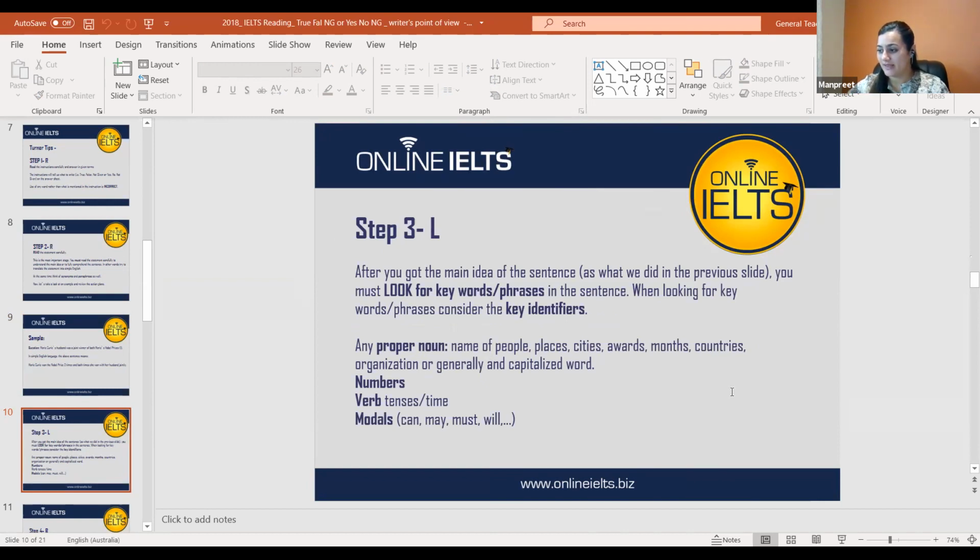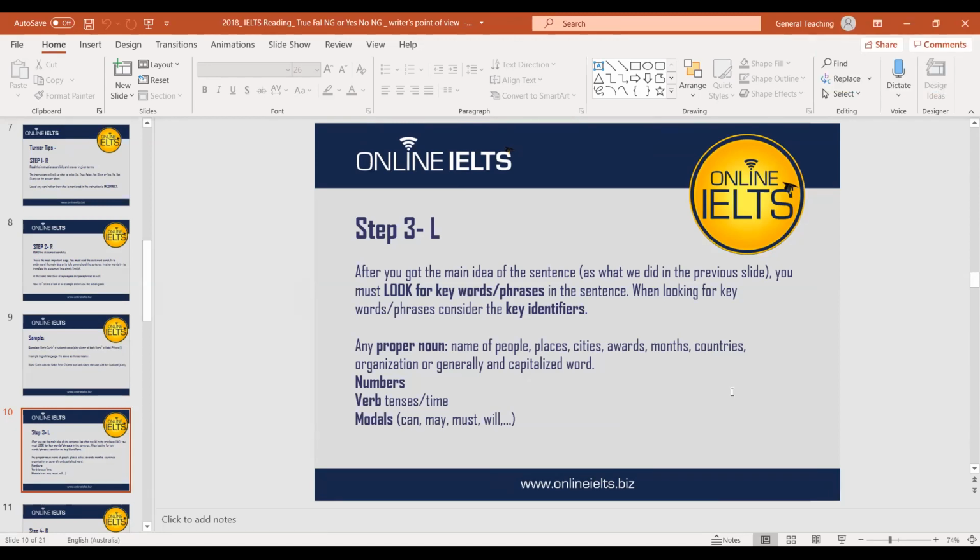Yes, after you got the main idea of the sentence, as what we did in the previous slide, you must look for keywords, phrases in the sentence. When looking for keywords, phrases, consider the key identifiers.